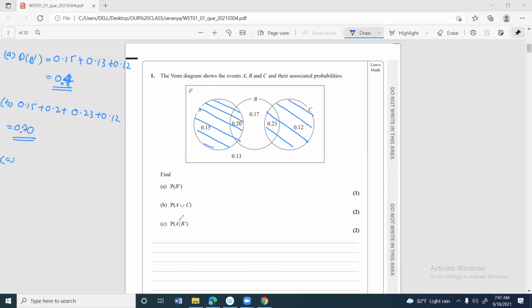See, it's A given B dash. If you write the formula, it's the probability of A intersection B dash divided by the probability of B dash. We already found the probability of B dash in the first part of the question.